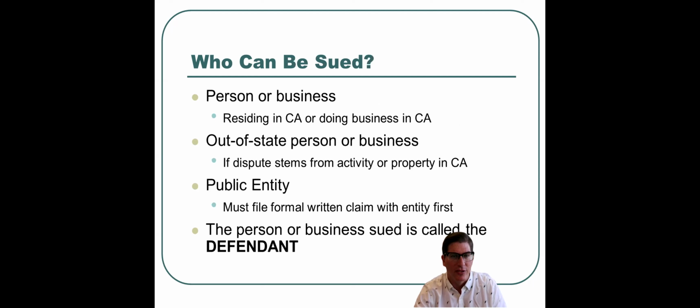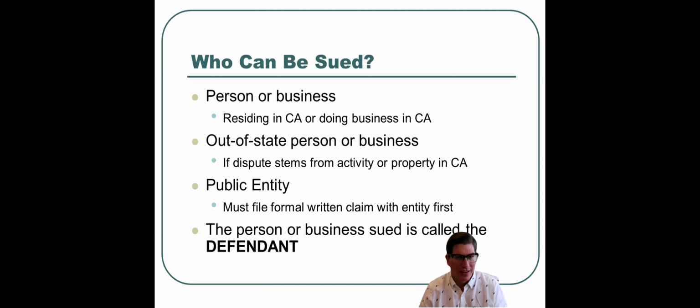So who can be sued? A person or business can be sued if they reside in California or if they do business in California. And again, immigration status is irrelevant. You don't need to be a US citizen to be sued. Now, an out-of-state person or business can also be sued if a dispute stems from activity or property in California.